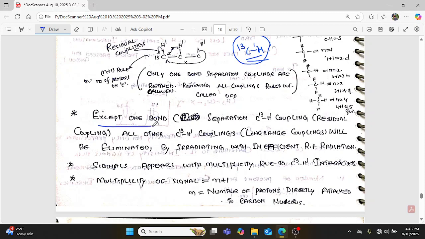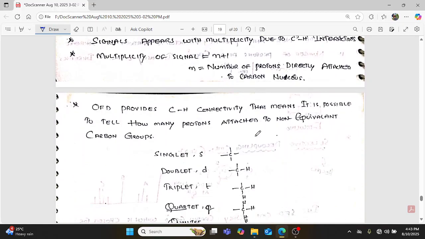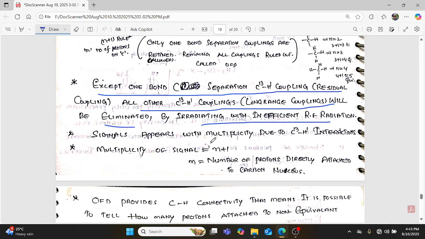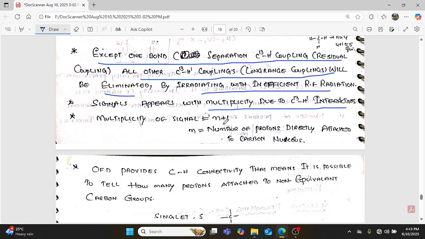Except for the one bond separation residual C13-H coupling, all other long range couplings will be eliminated by irradiating with the corresponding frequency. Signals appear with multiplicity due to the C13-hydrogen interactions. Here the multiplicity gives the number of hydrogens, for which we need to follow the n plus 1 rule.